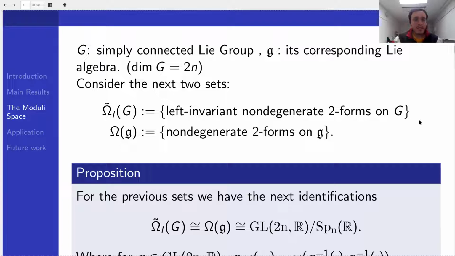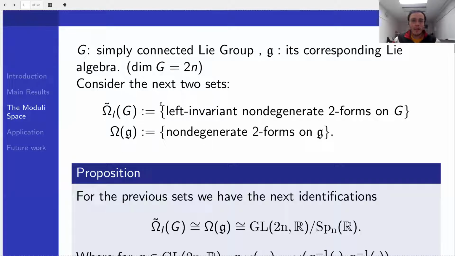First, the setting. I will start with a simply connected Lie group G, and let g denote its corresponding Lie algebra. Because I'm interested in symplectic structures, it will be an even dimensional Lie group.